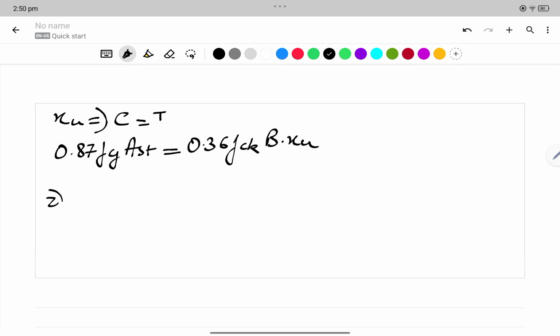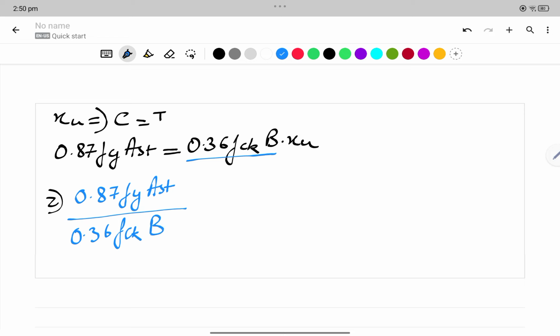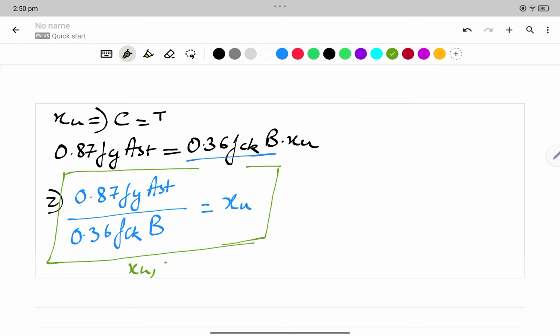So from here, 0.87 Fy AST divided by 0.36 FCK B is equal to XU. So by this formula we will find XU.